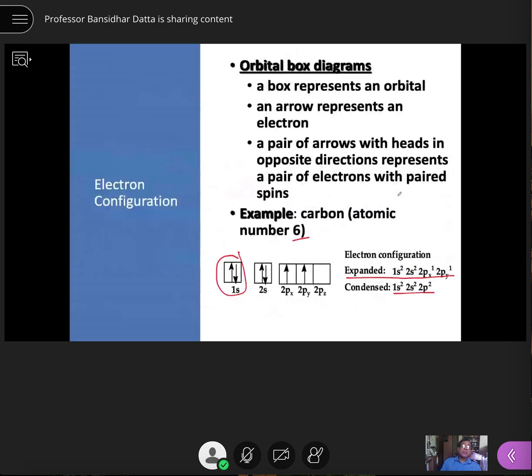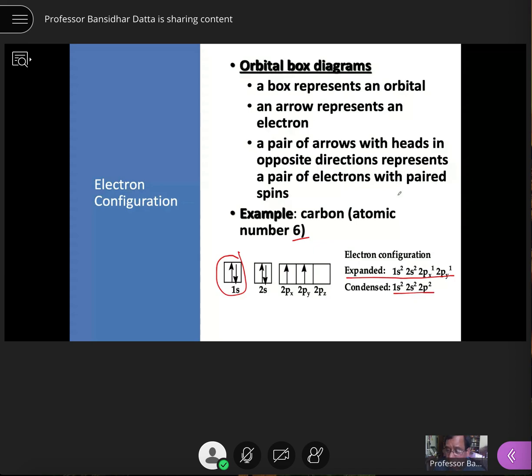All right, let's go back to our orbital box diagram. I had another question. Do you want us to write the subscript of X, Y, and Z whenever we write out the expanded form, or can we just write all 2p? No, you have to write the expanded one.